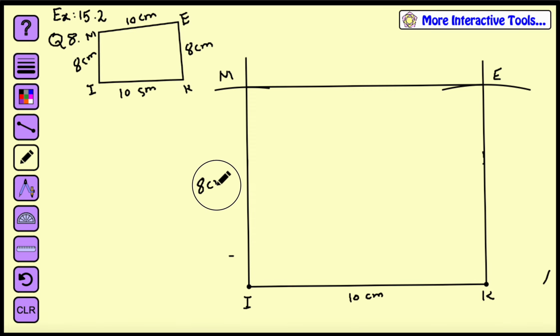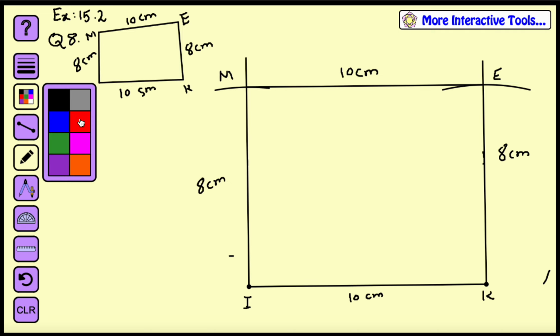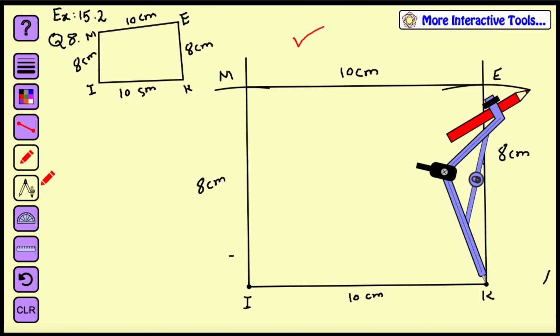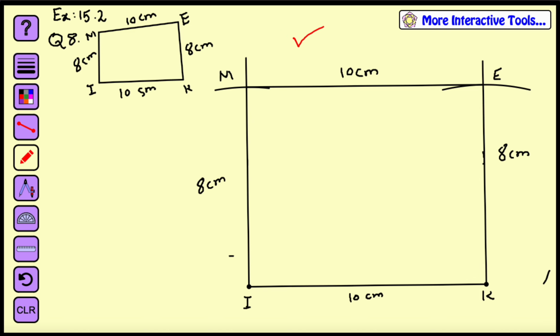This one is 8 centimeter, 8 centimeter, and this one is 10 centimeter. So we have completed this question. Done.